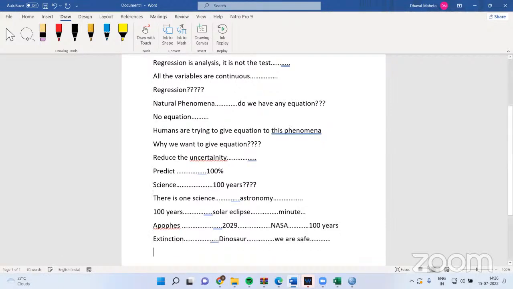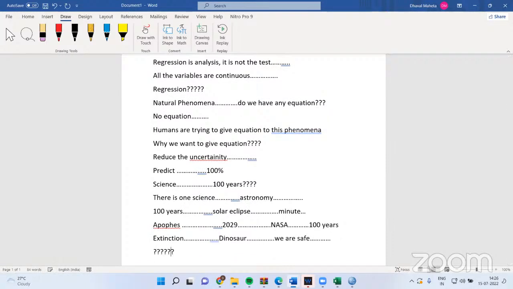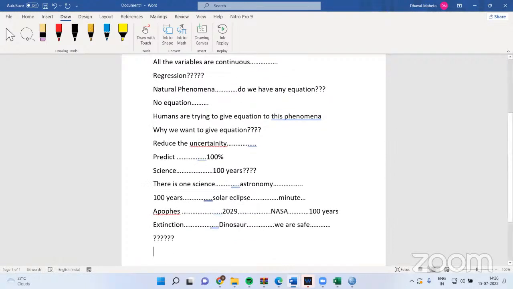Is it clear? Now my question is, why is NASA able to predict, or anyone else able to predict things even after some years? What is so special about these studies?